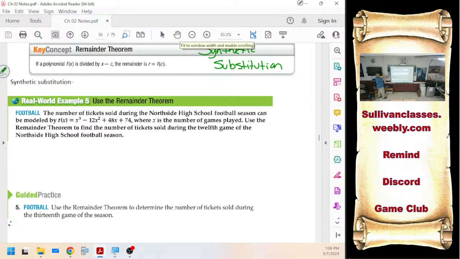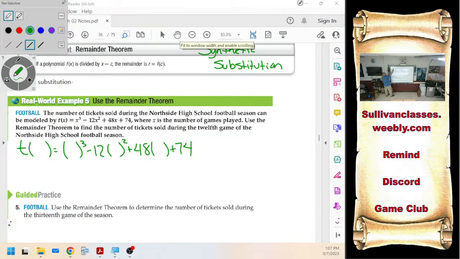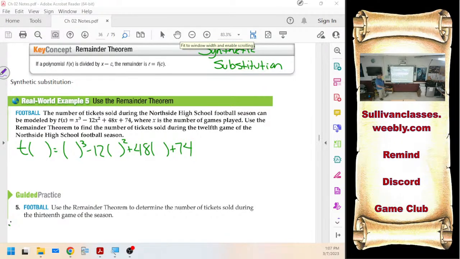So T of x is x cubed minus 12x squared plus 48x plus 74. And they said in this particular formula, x is the number of games played. T of x is going to give me my tickets. What happens on the 12th game? So I shove a 12 in there.